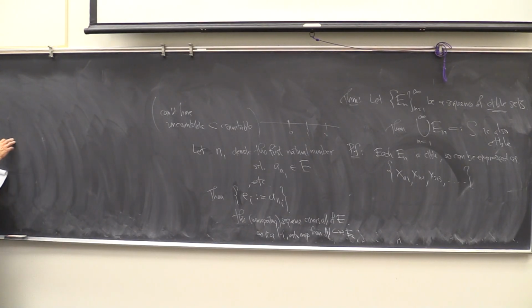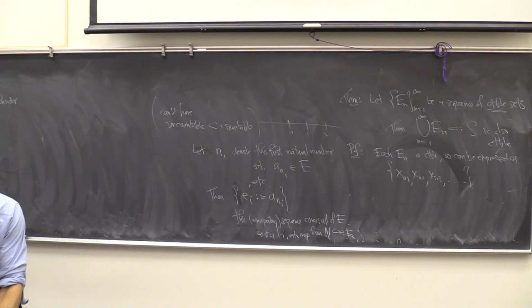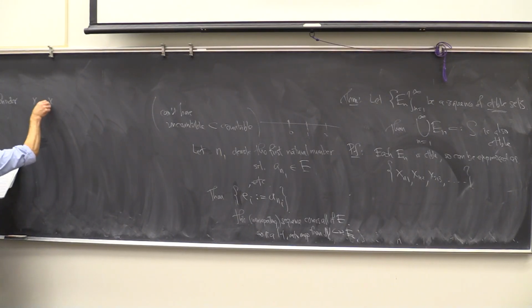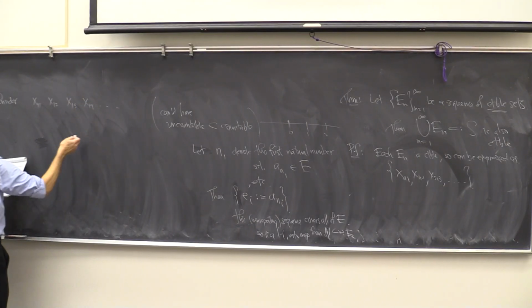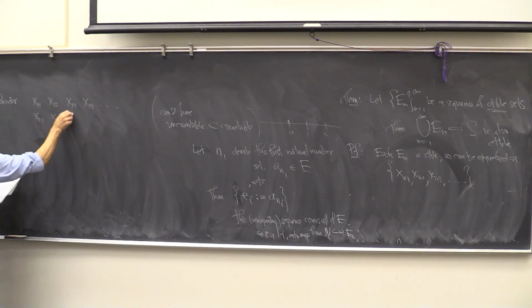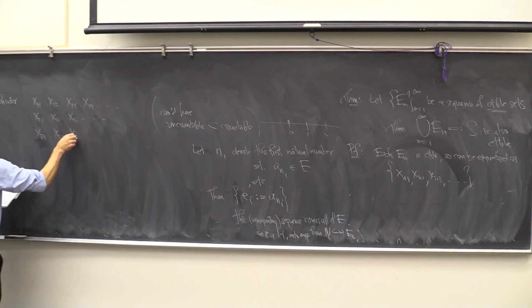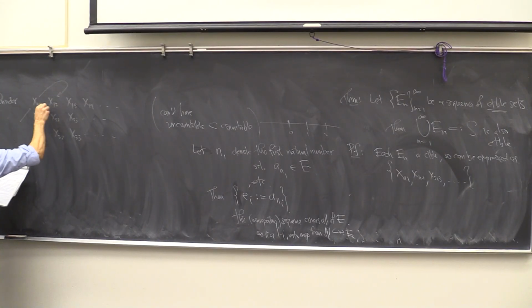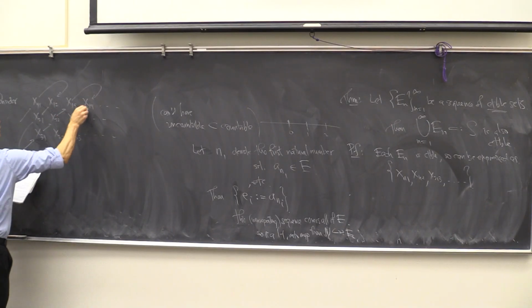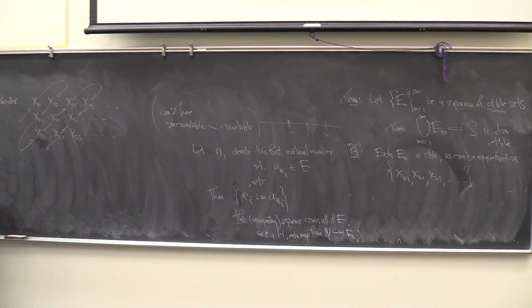Okay, so then consider this sort of array of points: x11, x12, x21, x22, x23, etc., x31, x32, x33, etc. And what we're going to do is create a new sequence in this way by kind of looping back and forth.